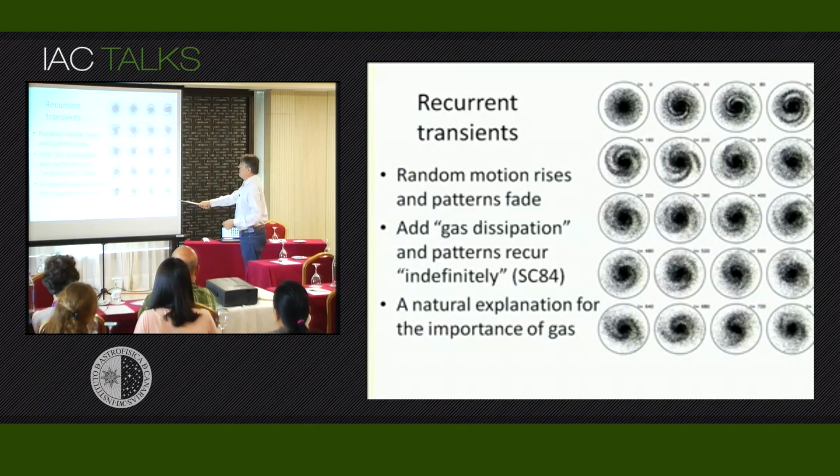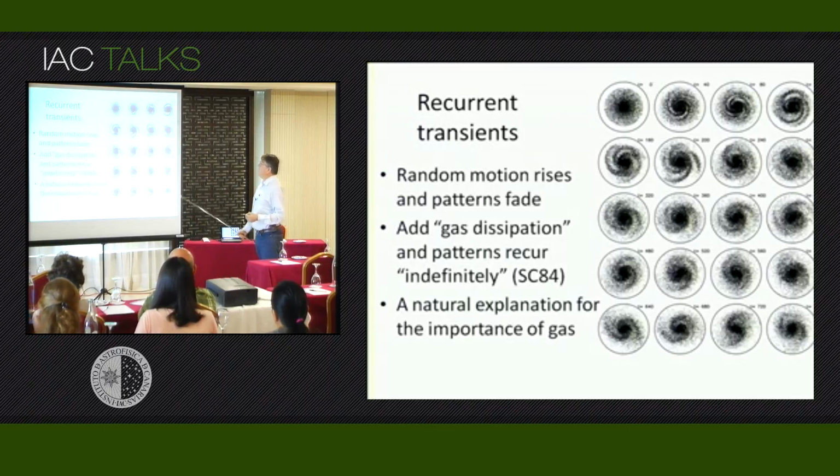The spirals begin to form, but after something like 10 rotations, the random motions have increased as a result of the spiral activity, and the spiral activity fades. But if I introduce new particles on circular orbits, then that allows the spiral activity to continue indefinitely.